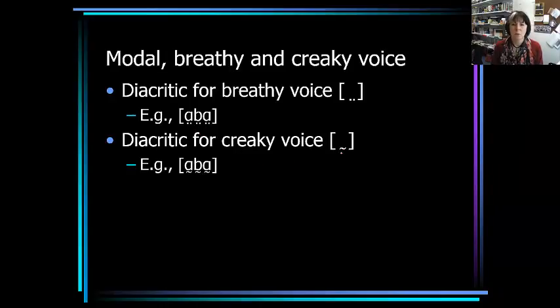For creaky voice, the symbol is the same as for nasalization, except it's underneath. So we've got, for example, ah-ba, ah-ba, ah-ba, and that's indicating that all of these consonants are produced with creaky voice. If I say it ah-ba, ah-ba, then I've got neither.